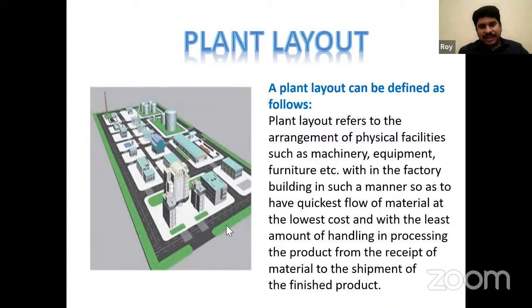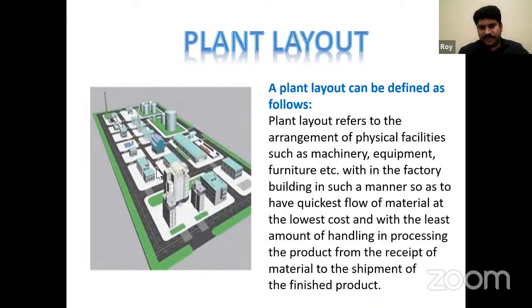If it is not designed properly, if more people are involved, if more machines are involved, if it is too far from one process to another, definitely the final cost of material handling will be high and the shipment cost will be very high. You got what I'm trying to say here?